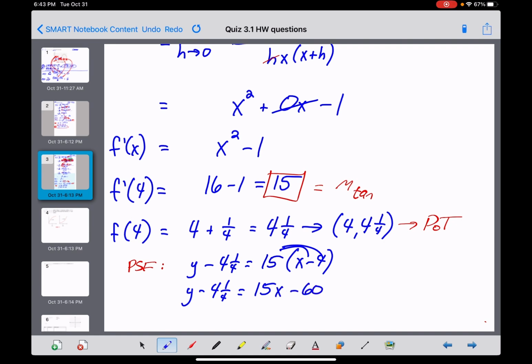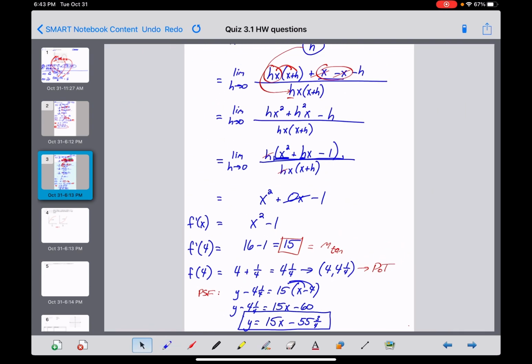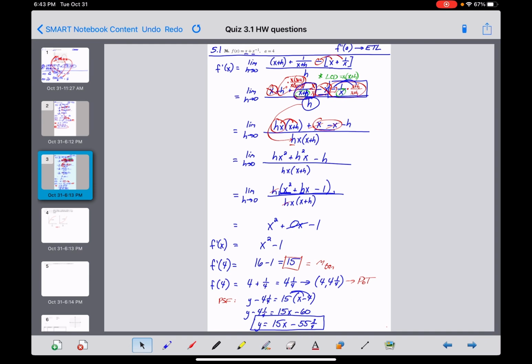And then we'll add the 4 and the 1/4 to both sides here. And of course, it had to be a negative and a positive to make this real difficult. y is going to equal 15x, and that's going to end up being minus 55 3/4. That is an ugly problem there, everybody, and I wonder if that isn't the way they intended it when they wrote it, but it kind of got away from them. That happens sometimes when you're writing hard problems like this, but that looks like our answer there to problem number 36.